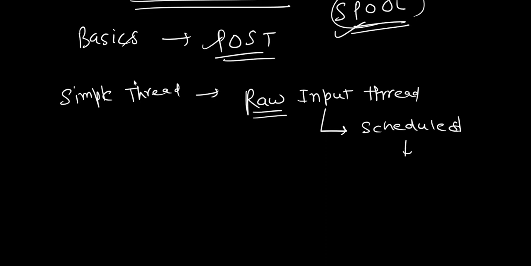Not scheduled means it is not woken up. This is a sleeping thread. It is not doing anything. It is in the sleeping state, right? So after all the initialization, first of all, this raw input thread is initialized.